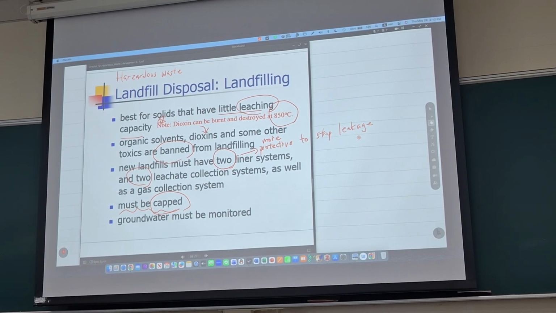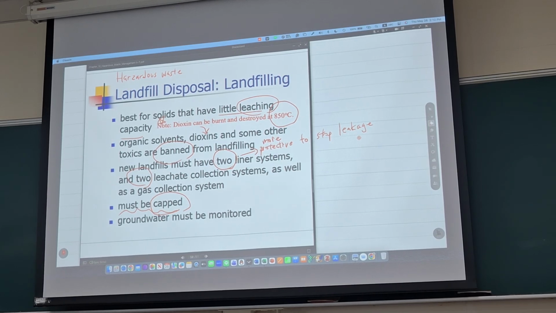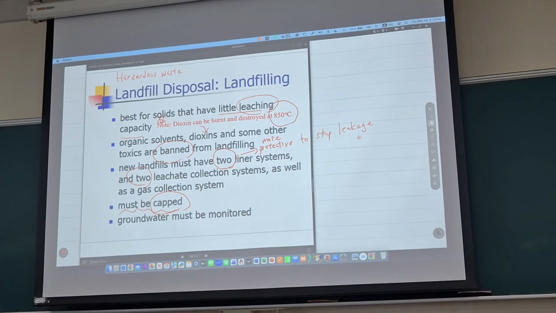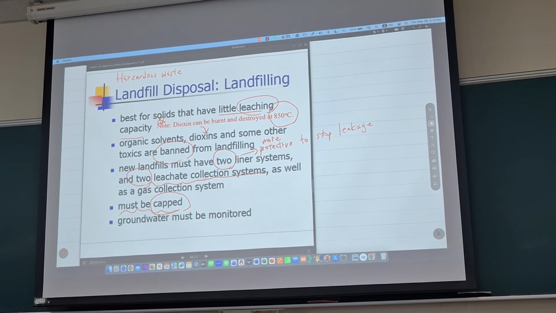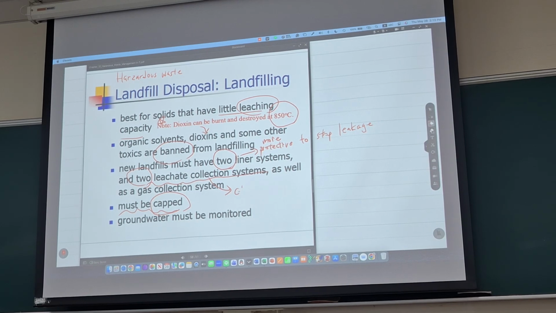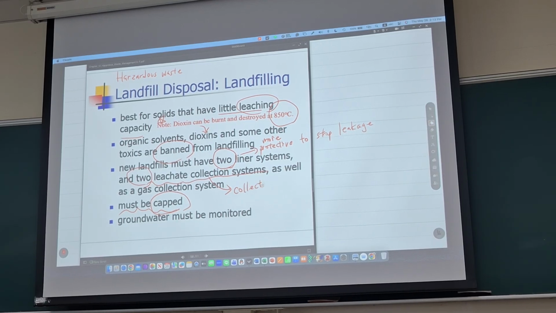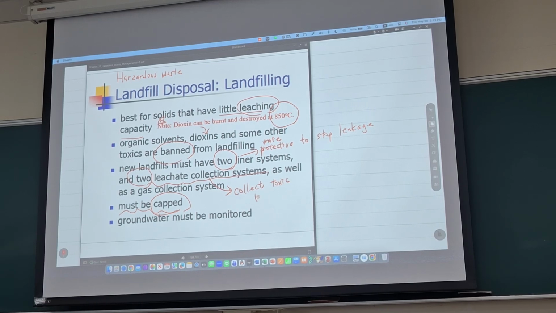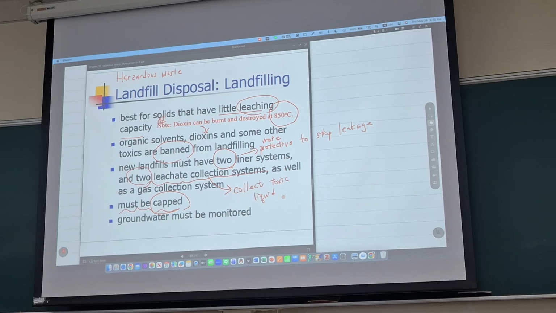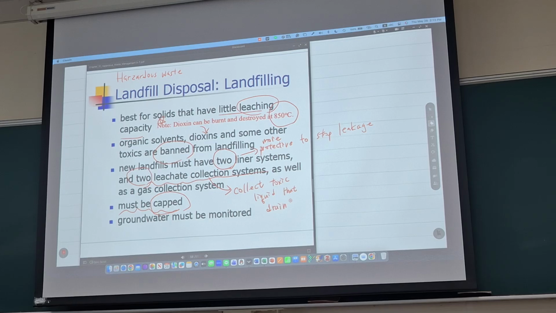And the reason we need at least 2 leachate collection systems is that we want to collect those toxic liquids that drain from hazardous waste.